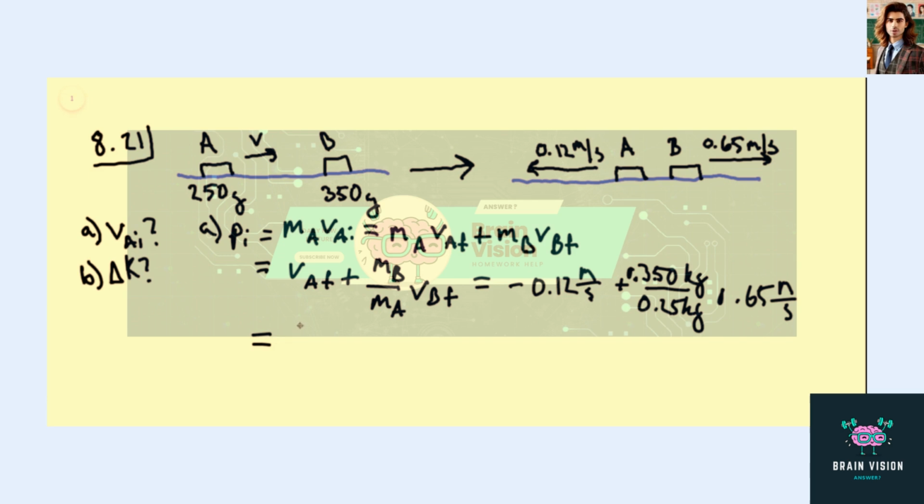And when we put all of those numbers together, you get that its initial speed is 0.790 meters per second.